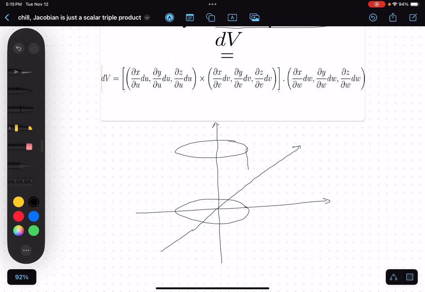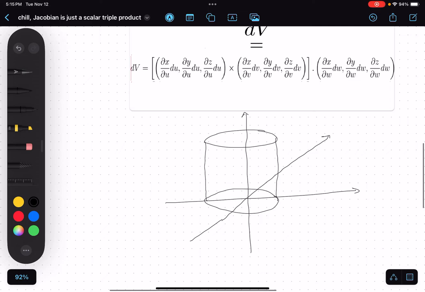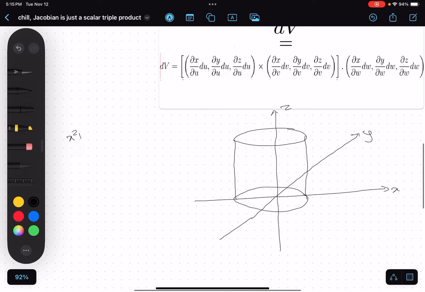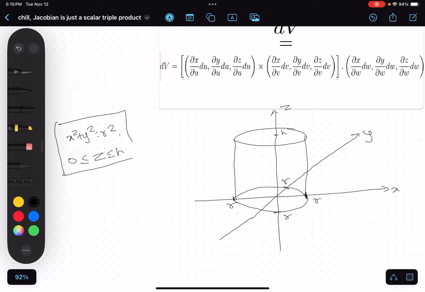So let's say if you want to represent this cylinder by equations, you can represent this as, let's say, x square plus y square equals r square, if this is r, and z goes from 0 to h, if this is h. If you write it like this, it also represents the cylinder, right?